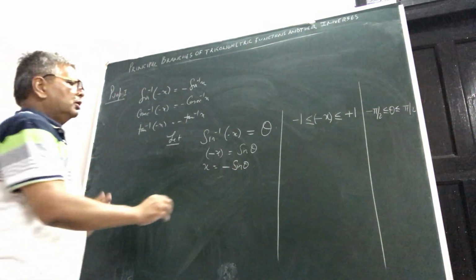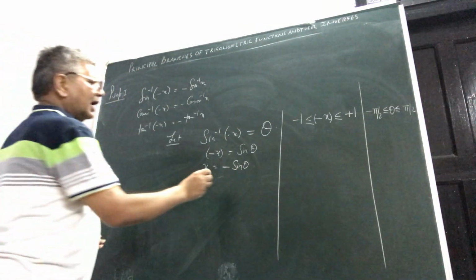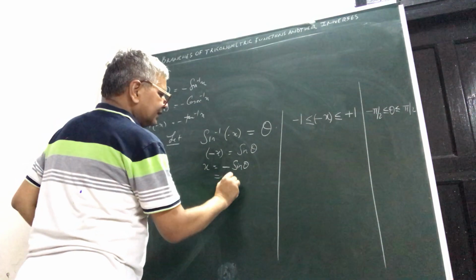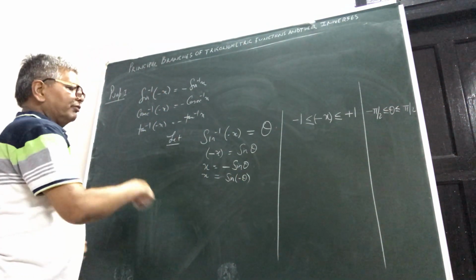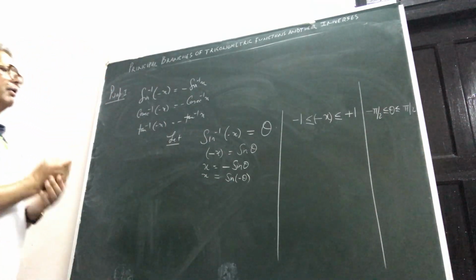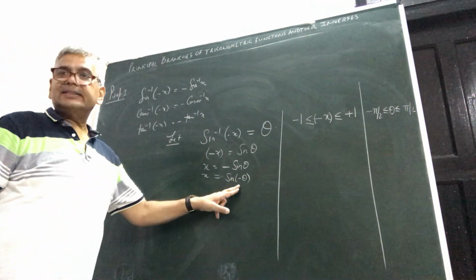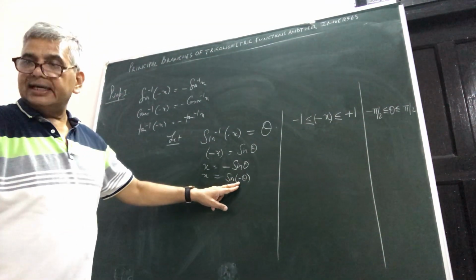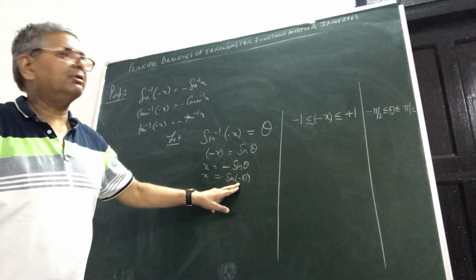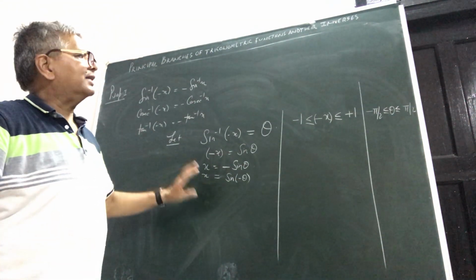So this minus sine theta, we can well write as sine of minus theta. Now when you write sine inverse x is minus theta, then again you have to ensure at this juncture that you are well within your principal branches. Let us see where this x goes.